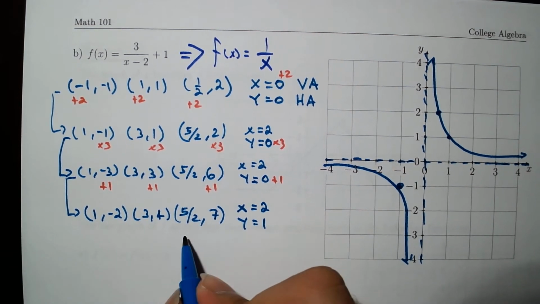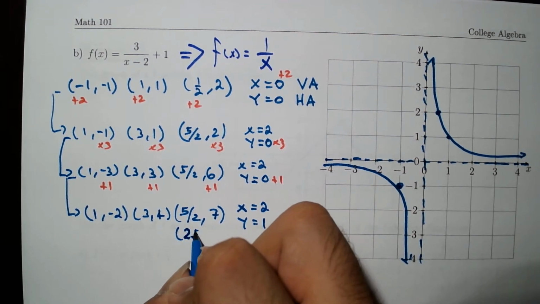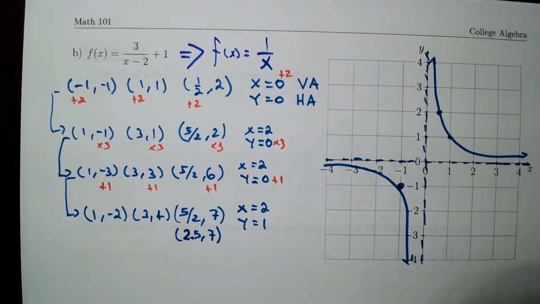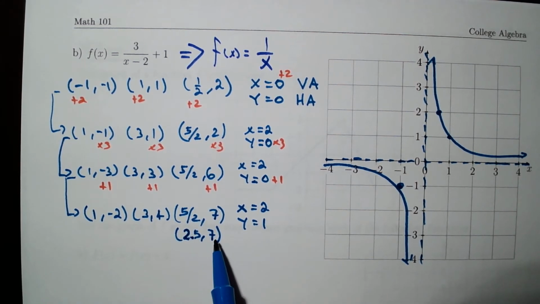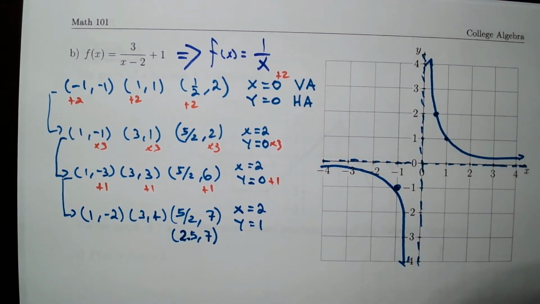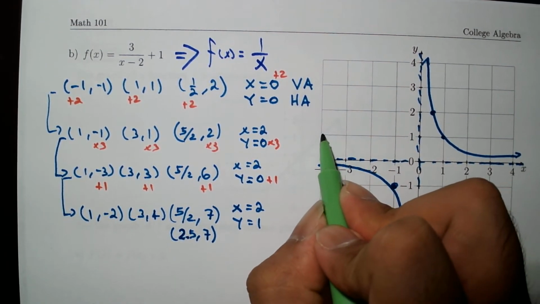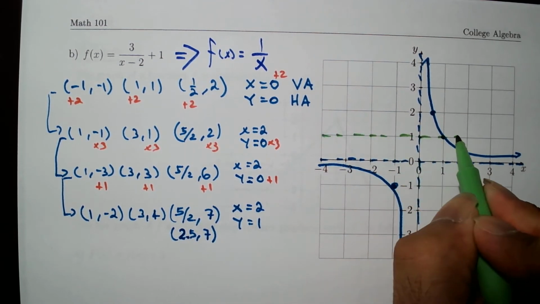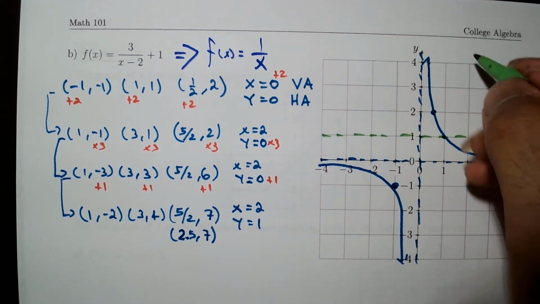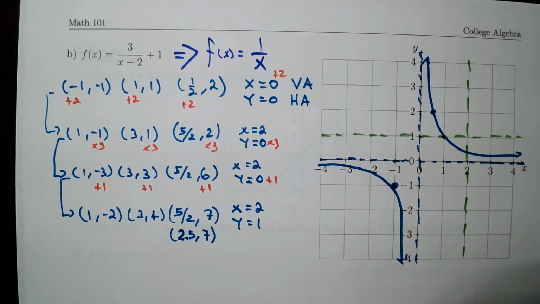Actually, you might want to rewrite 5/2 as 2.5 to make your life easier: (2.5, 7). Unfortunately, I'm not going to have space to draw that point, but I will figure something out. So I'm going to have the horizontal asymptote shifted 1 unit up, and the vertical asymptote shifted 2 units to the right.